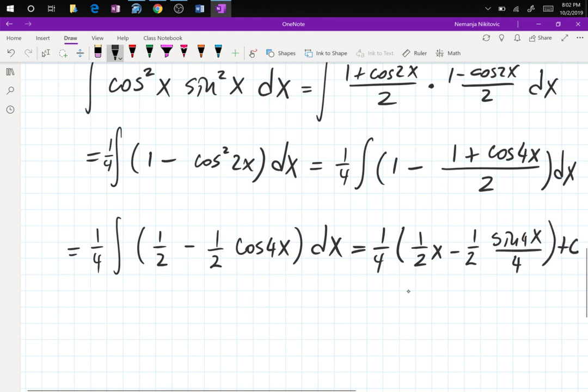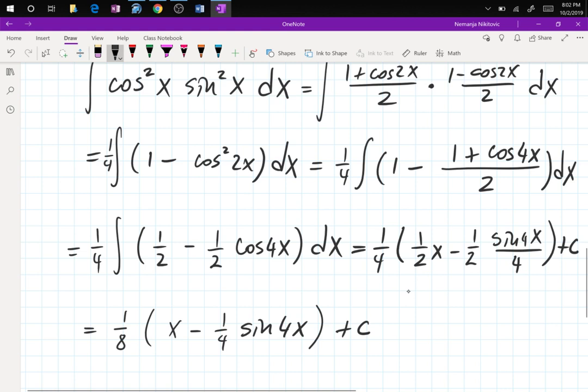And when you are integrating sines and cosines that have numbers here, those numbers end up in the denominator, if you remember those formulas from chapter 4 with the a, right? Sine and cosine of ax, you get divided by a. Now we can factor out another half, so this becomes 1/8 of x minus 1/4 of sine 4x and everything plus c.